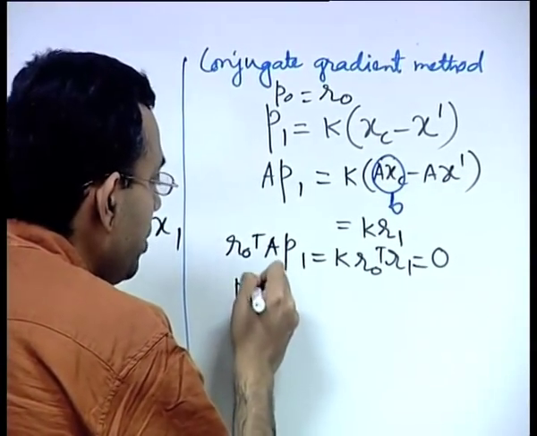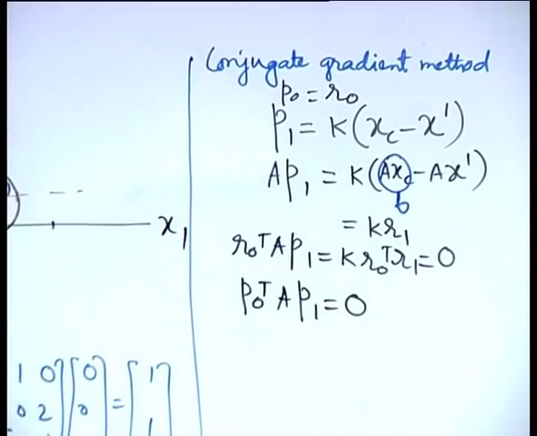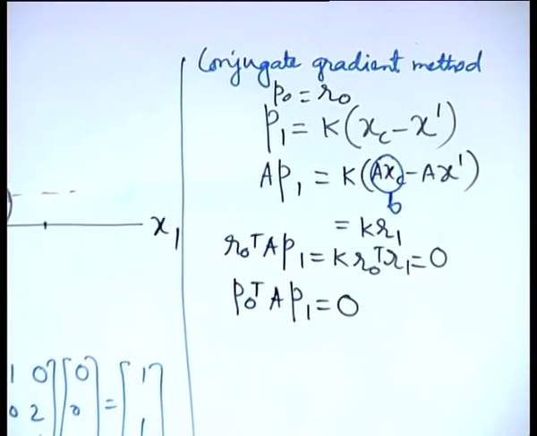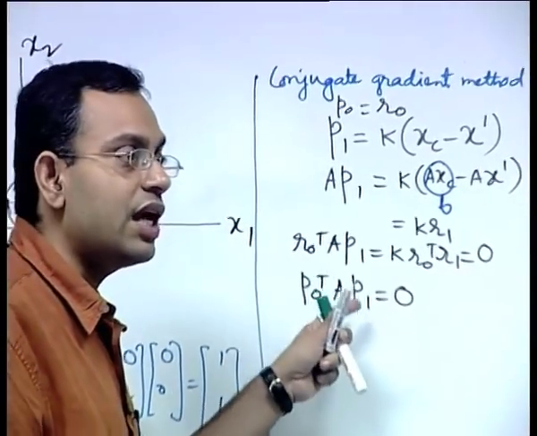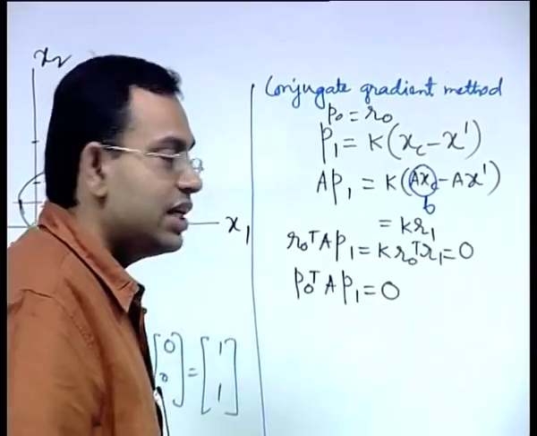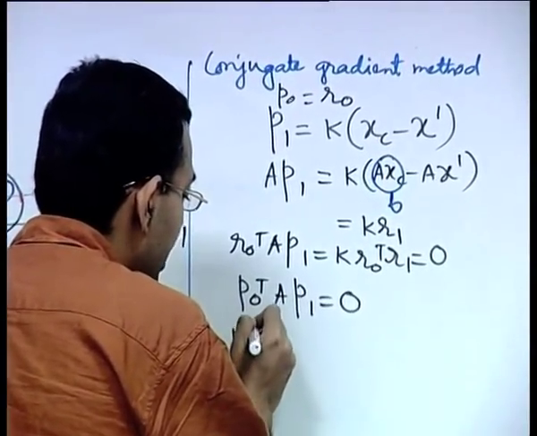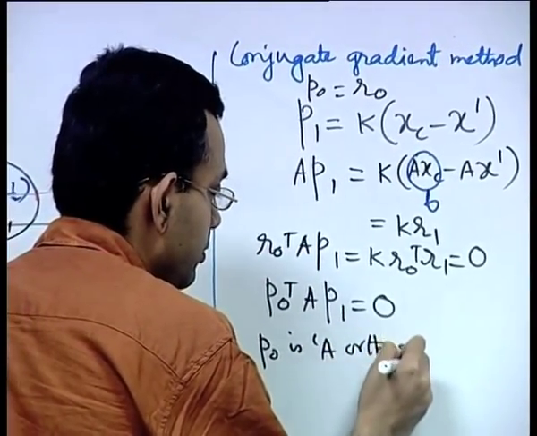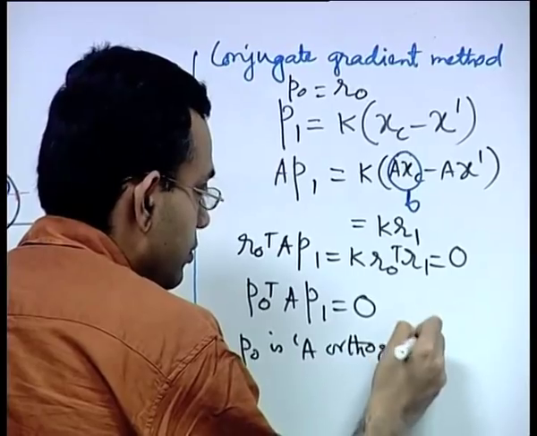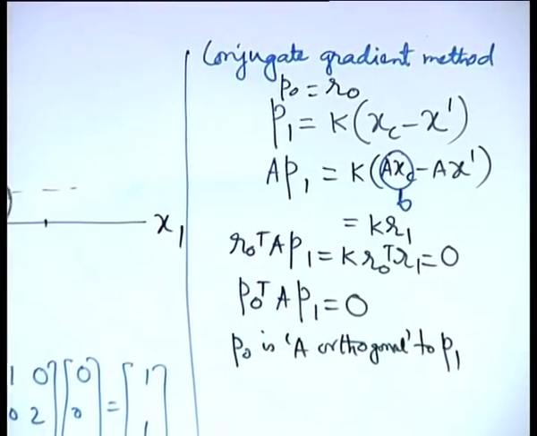So we can write p0 transpose A p1 is equal to 0. So p0 transpose p1 is not 0, but p0 transpose A p1 is 0. In linear algebra terminology this is called p0 is A-orthogonal to p1. Just a name.